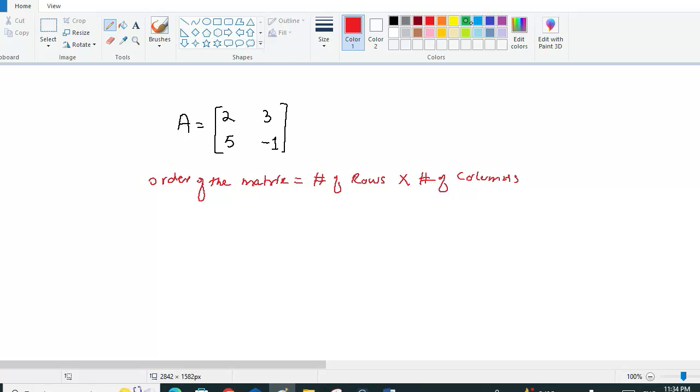By the way, if you have any confusion, these horizontal rows are called rows and vertical ones are called columns. So this matrix has 2 rows and 2 columns, so the order of the matrix will be 2 by 2.